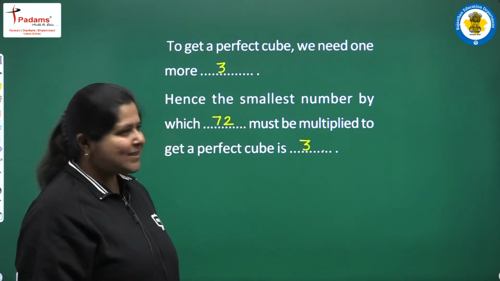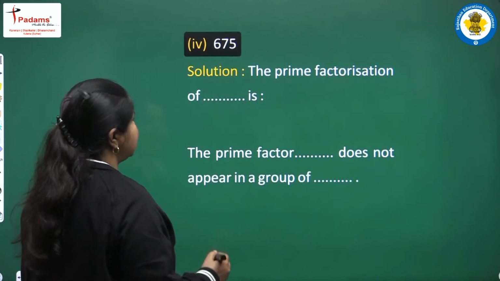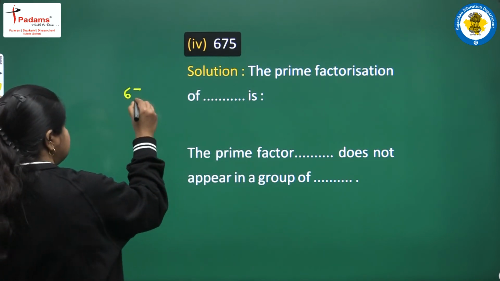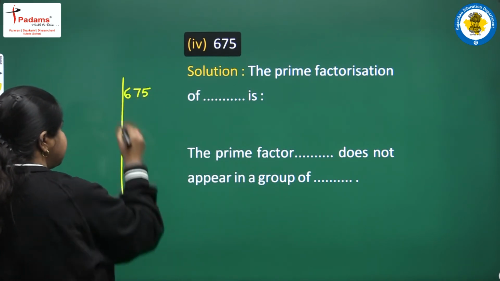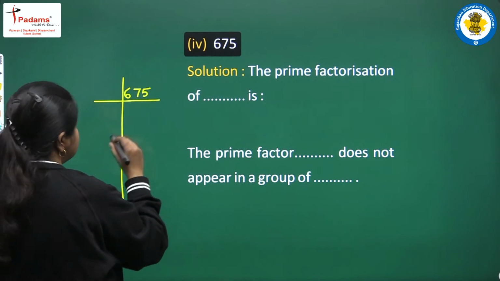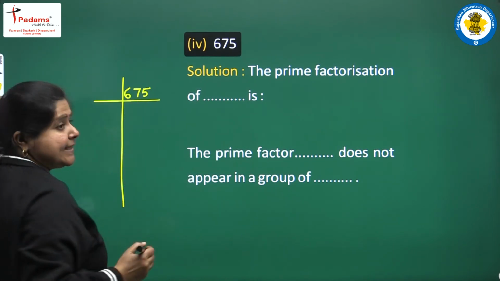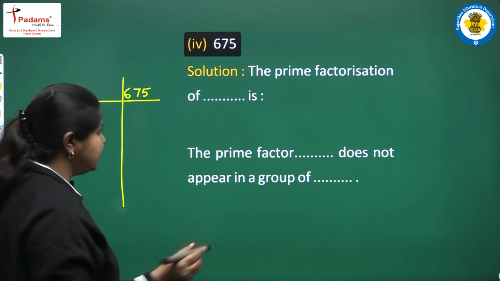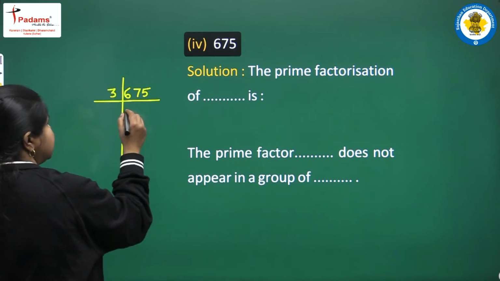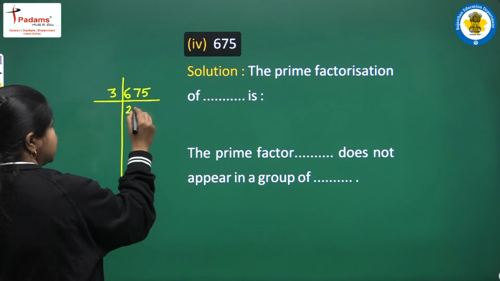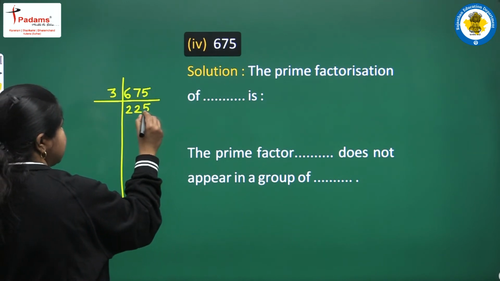Okay, next we have 675. Again write down the number, draw these lines and we begin by which number? Let us add 7 and 5, 12, and 6, 18. So it's divisible by 3. We begin by 3. 3 2s are 6, 2s are 6 and 5 times 15.